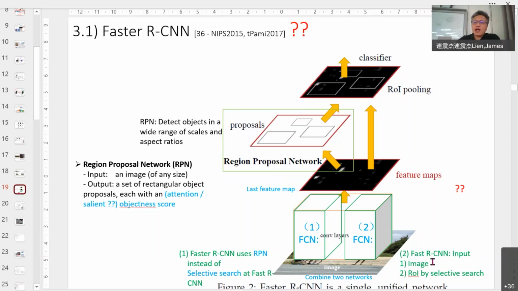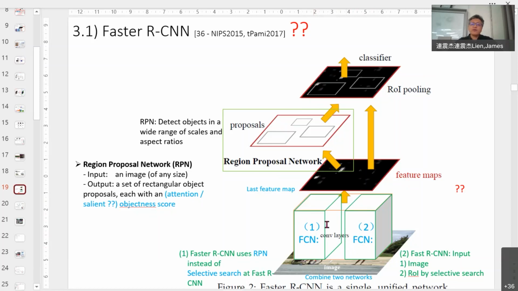Faster R-CNN basically works this way. They combine Fast R-CNN, where the input is the ROI, which already has the selected bounding box, with the region proposal network, where the input is any image size and the output is a bounding box. So how can we combine them? They combine together in this way.